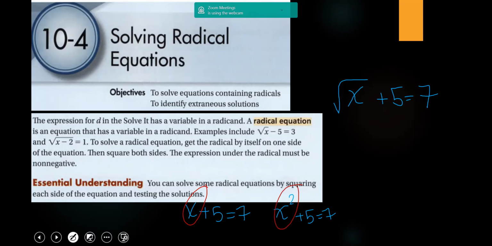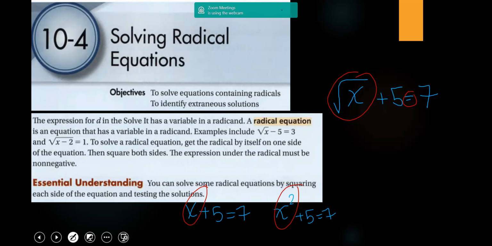But here the degree is a half, or we can say it is a radical. That's why we name them radical equations. And we call them equations because if you have an equal sign, this is an equation. So square root of x plus 5 equals 7 is a radical equation.